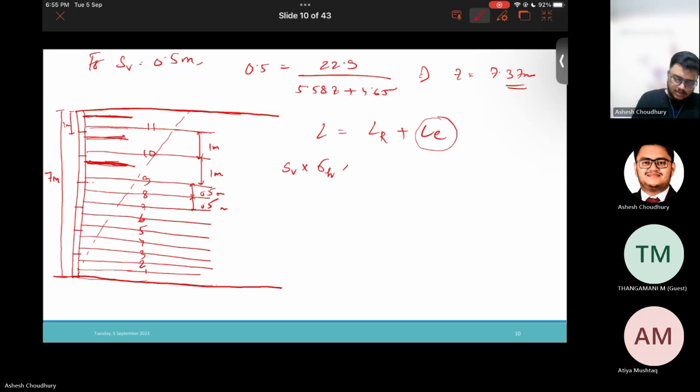Sigma h times SV times FS pull out equals 2 times LE times C interaction.